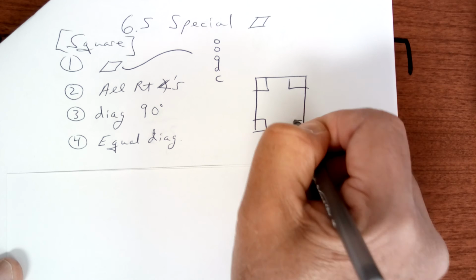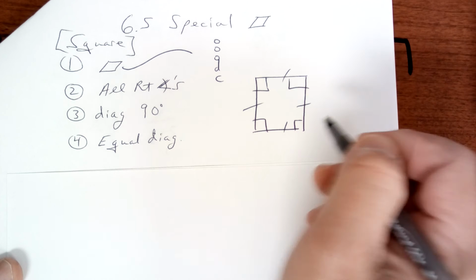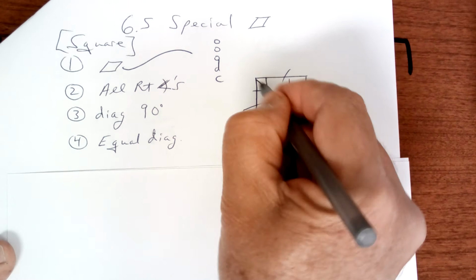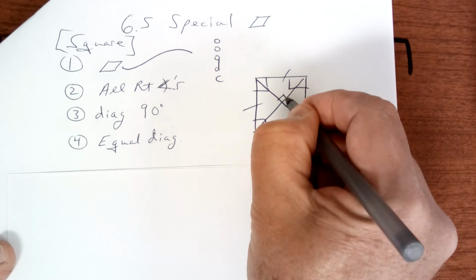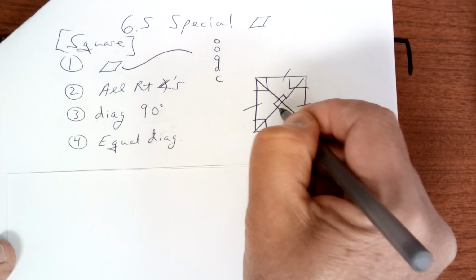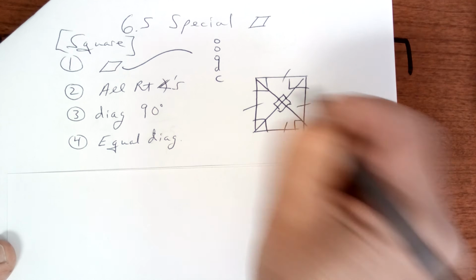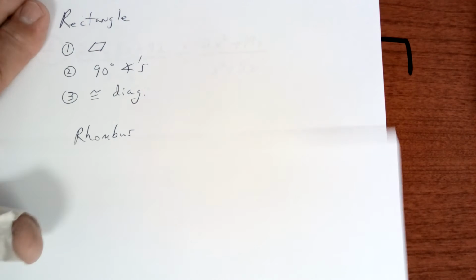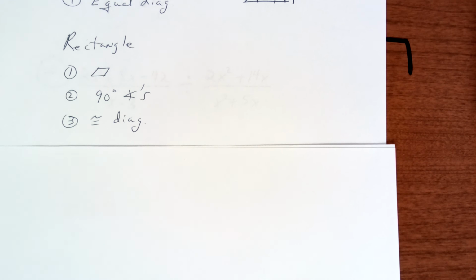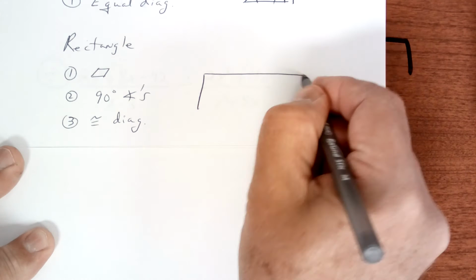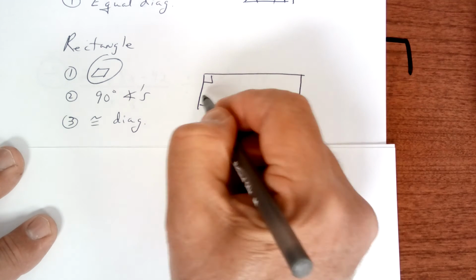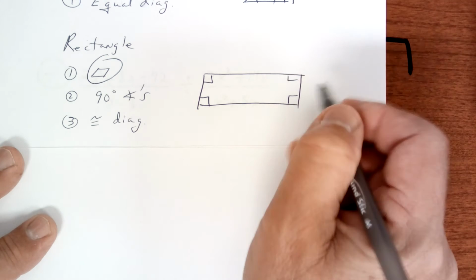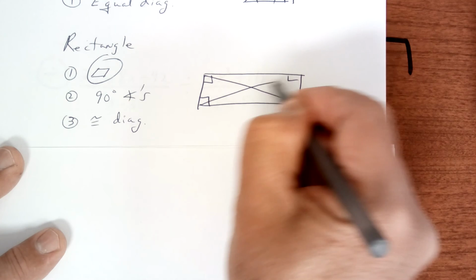It has 4 congruent sides. The diagonals are equal, and they come in at 90 degrees. You have to try to memorize these properties. Let's talk about a rectangle. A rectangle has all the properties of a parallelogram. All the angles are 90 degrees, and the diagonals are congruent. They don't come in at 90 degrees.